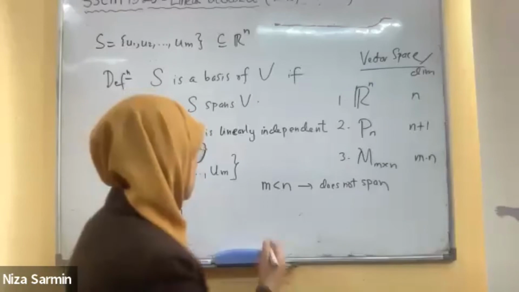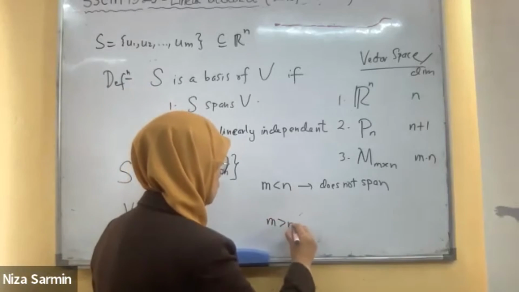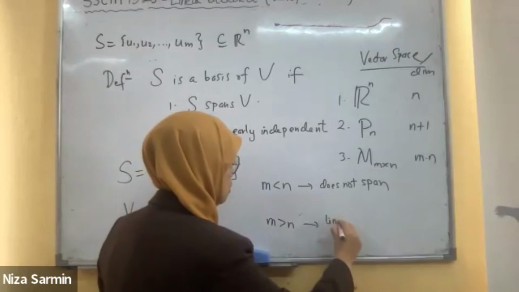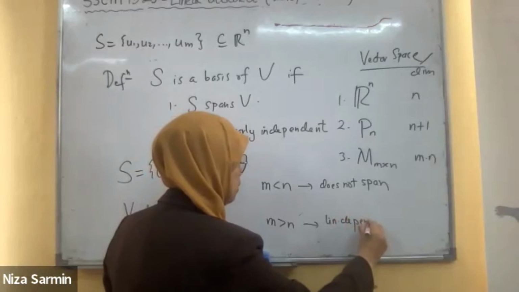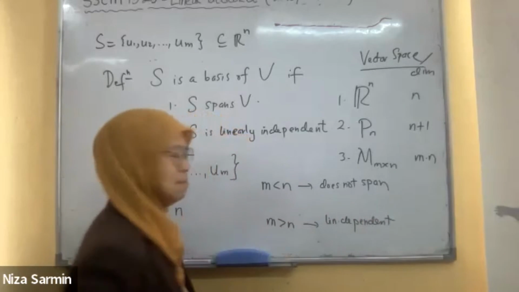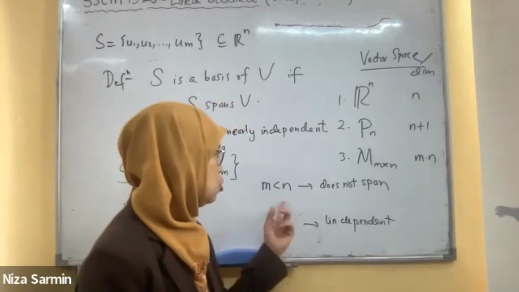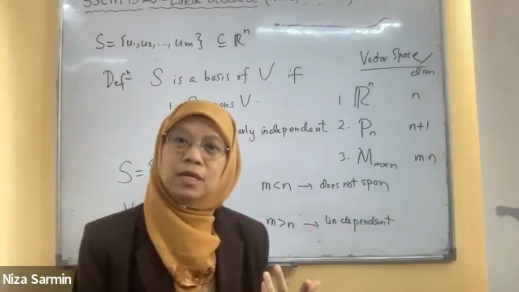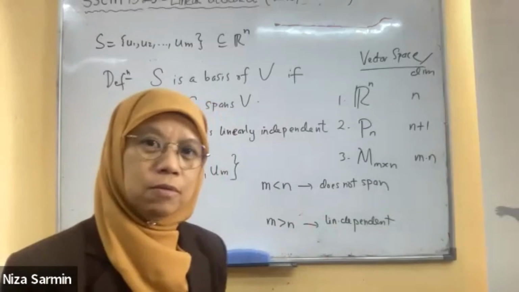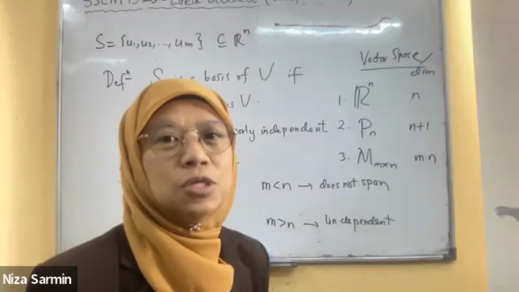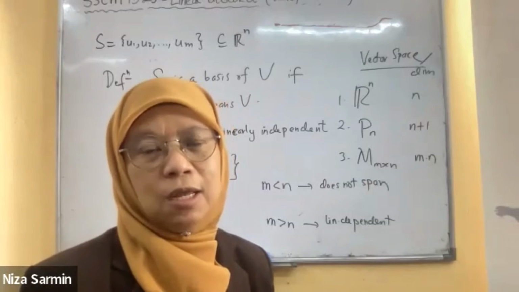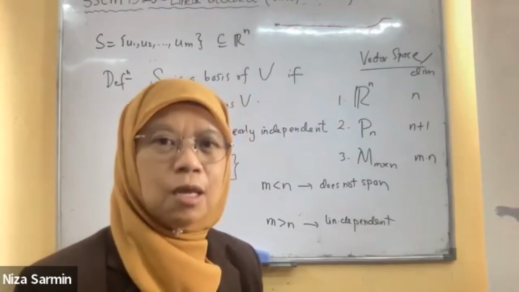If m is bigger than n, it will be linearly dependent. If it's less, you don't know whether independent or dependent. It can be both. Okay, so don't assume. If m is less than n, it can be independent, it can be dependent.